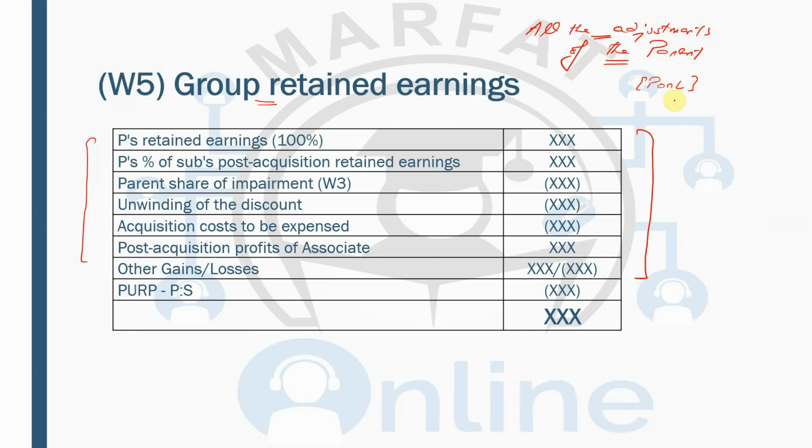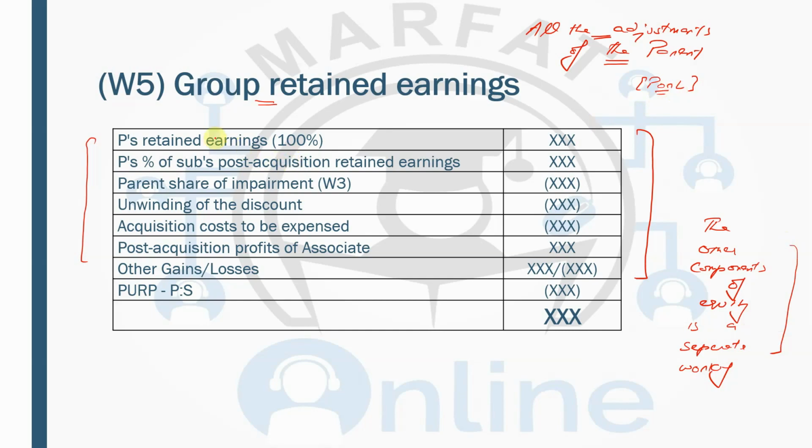Anything which is related to other comprehensive income or other components of equity should be dealt with separately. So I'm going to write it over here. The other components of equity is a separate working, because this is the retained earnings, the realized part, and other components of equity is the unrealized part. So the group retained earnings will only show all the adjustments which are related to profit or loss.